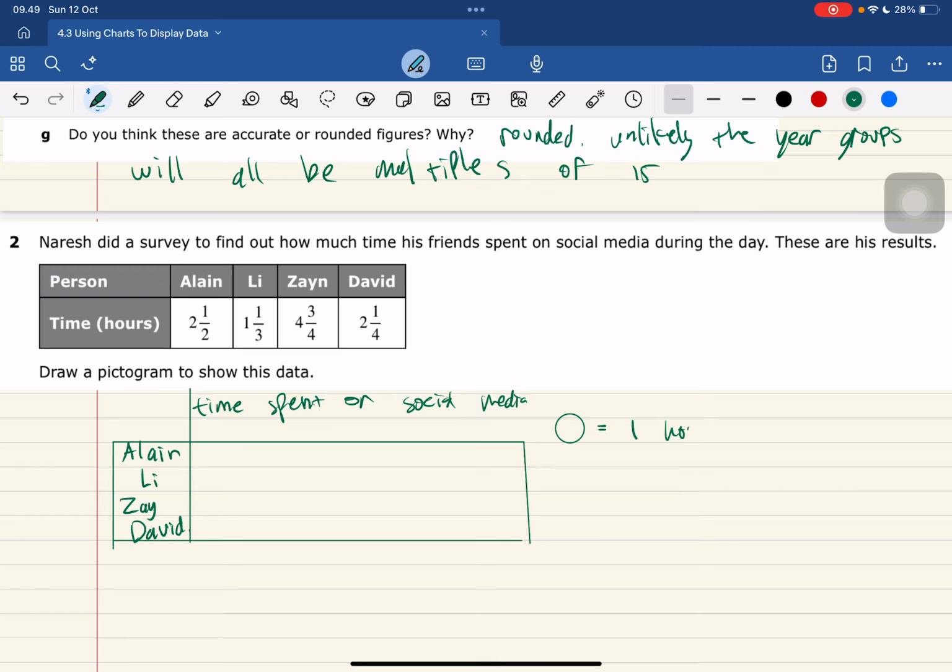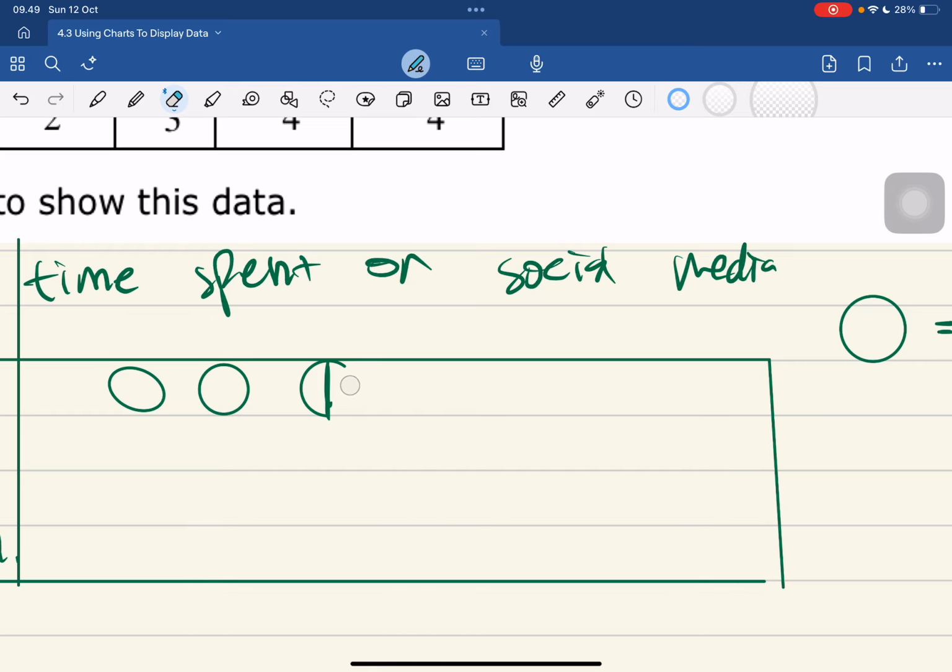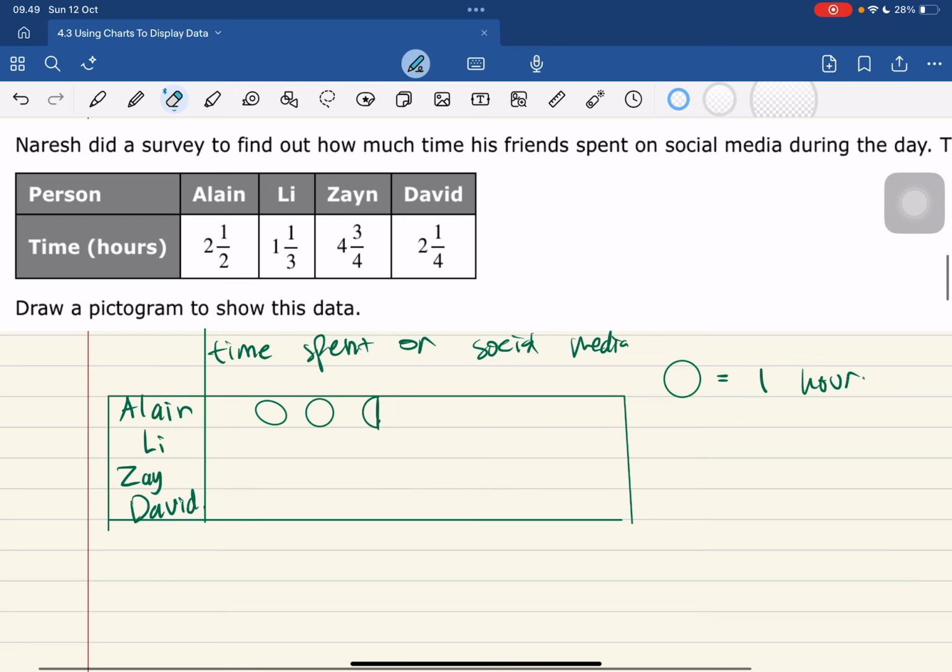So this is 1 hour. Alain has 2.5 hours. So let's make it 1 circle, 2.5. Let's erase it. Okay, 2.5 hours.